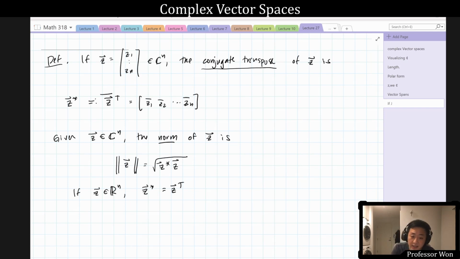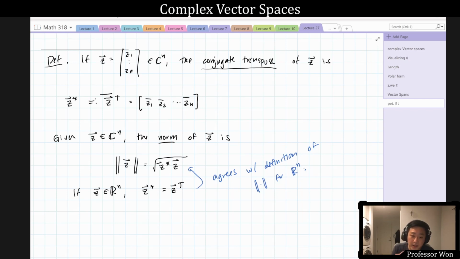So this definition actually does generalize the real definition. It's just you didn't see the conjugation before, because if you conjugate a real number, it doesn't do anything. So that means that this agrees with our definition of norm for R^n. It looked a little different. There was no star, but that's because the star wouldn't do anything anyway.